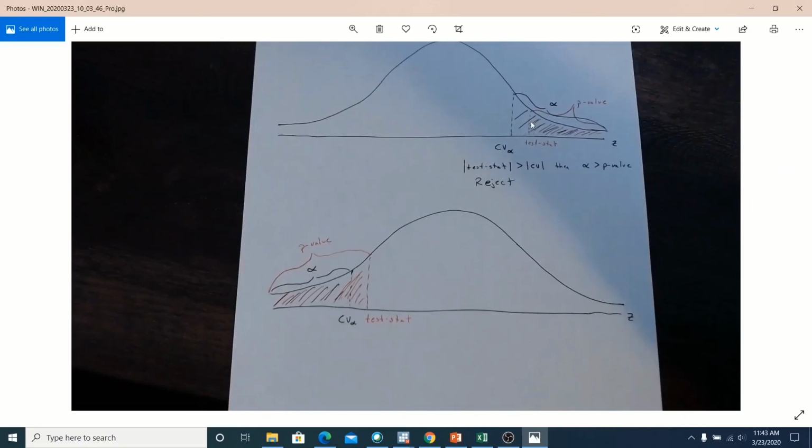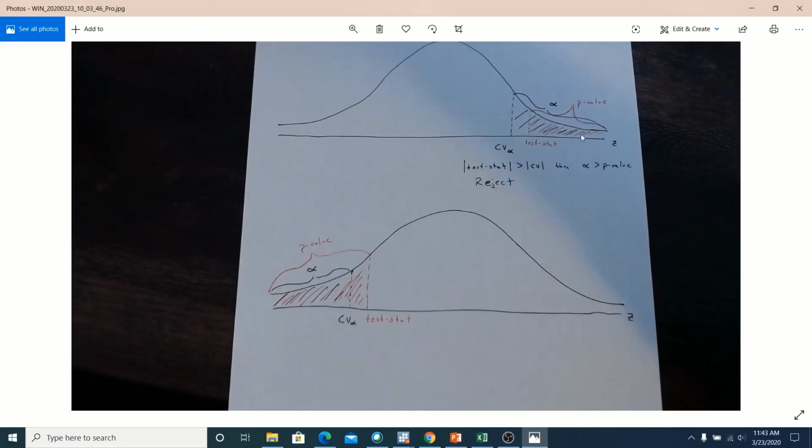Now the test statistic for a right-tailed test, the area to the right of my test statistic, that area represented my p-value. So notice, anytime my p-value is smaller than alpha, this red area is the p-value, if it's less than the shaded black area of alpha, I reject. But notice if my p-value is less than that chosen alpha, it would have to be for a test statistic that is somewhere to the right of my critical value.